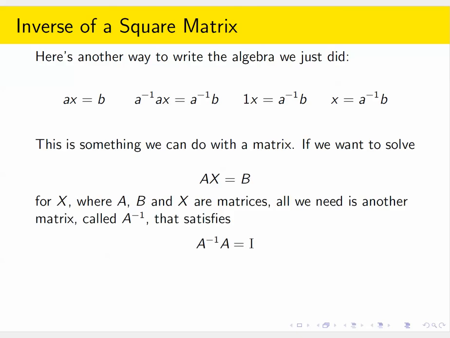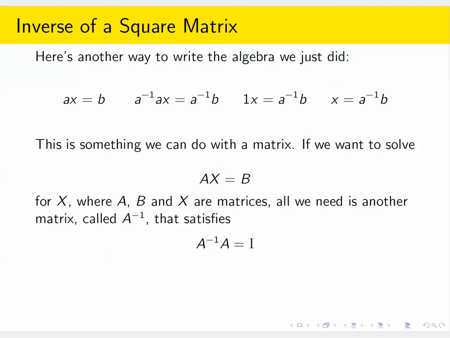And it turns out there's something we can do with a matrix that bears a resemblance to a reciprocal. So it's not exactly the same. It's not a reciprocal, because it doesn't make any sense to write 1 over a matrix. But what we can do is find another matrix.